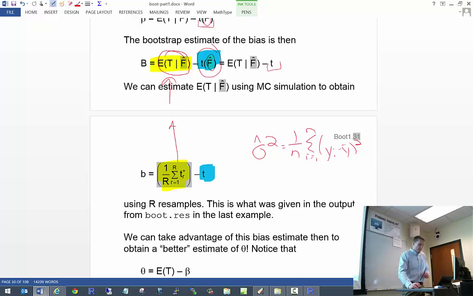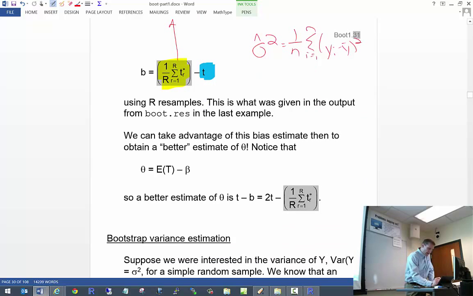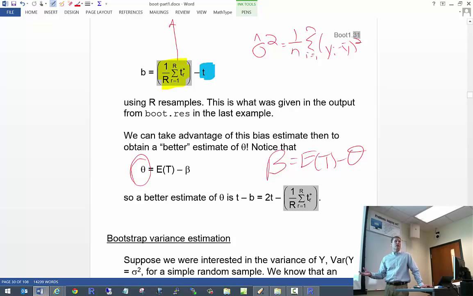Okay, so again, the true bias is the expected value of T minus theta. How about we rewrite this expression so that only theta is on the left-hand side, and the expected value of T minus the bias is on the right-hand side?